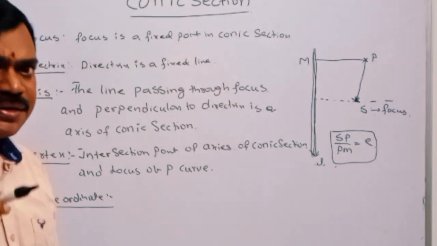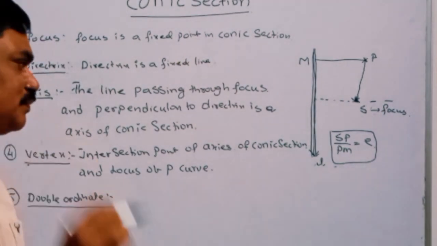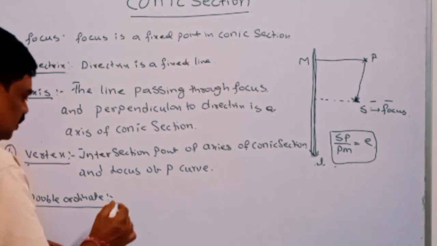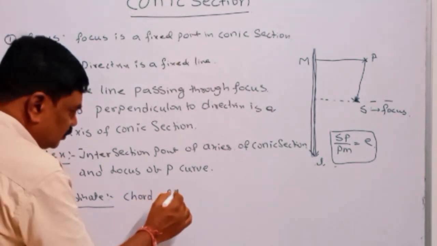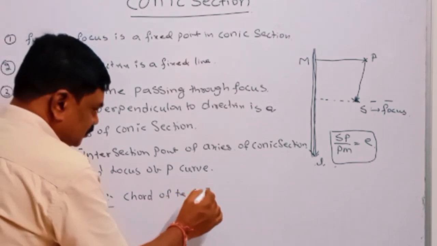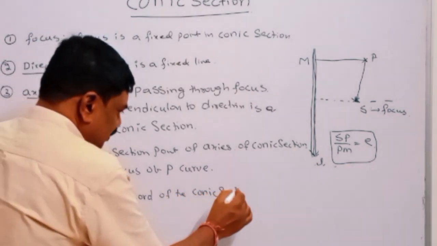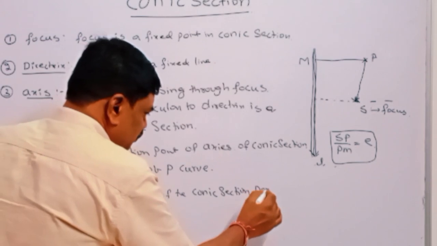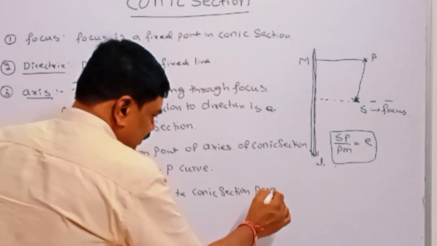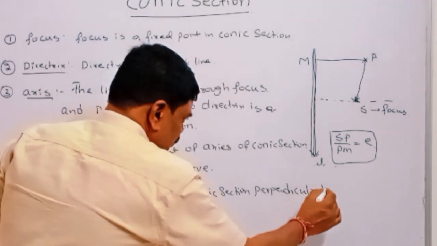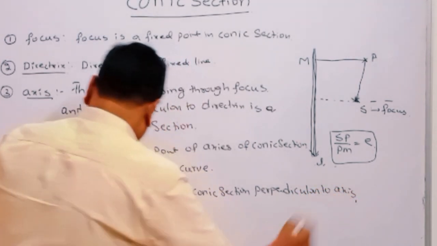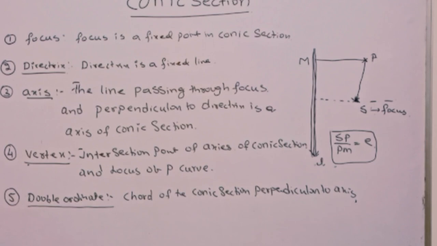Double ordinate is a chord of the conic section perpendicular to the axis.